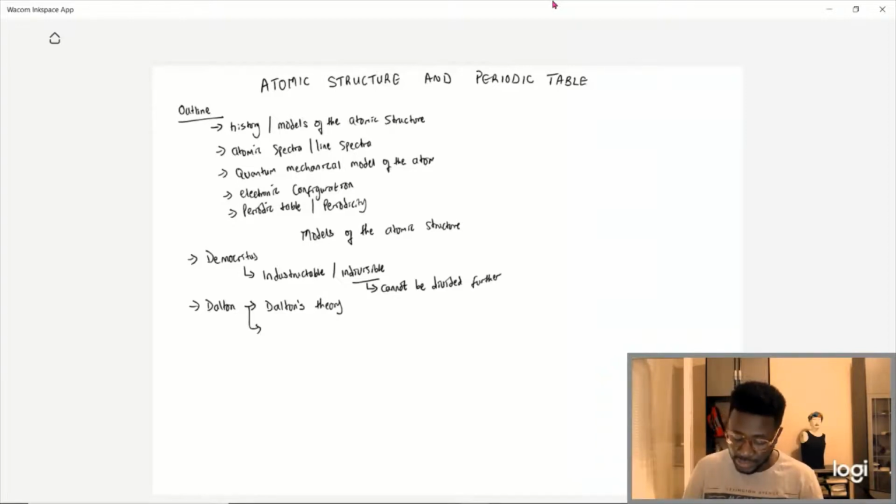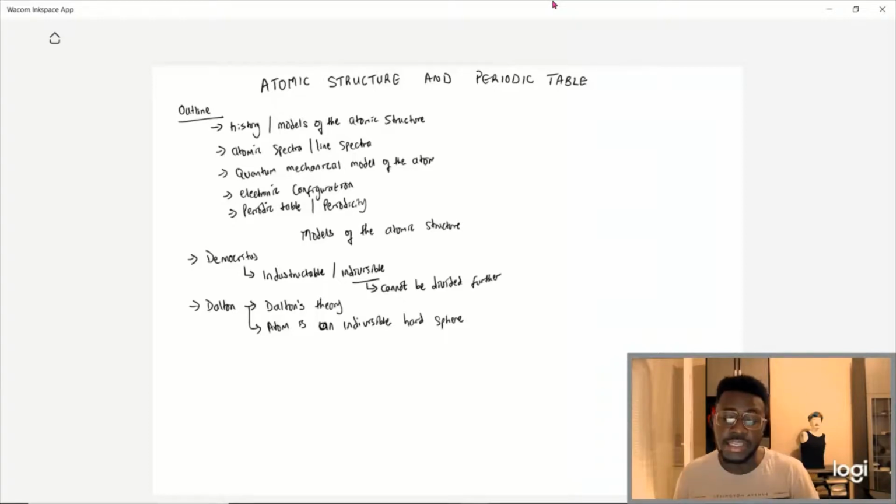He said that the atom is an indestructible, indivisible hard sphere. And he also thought that the atom was the smallest part of matter. So there's nothing smaller than an atom.